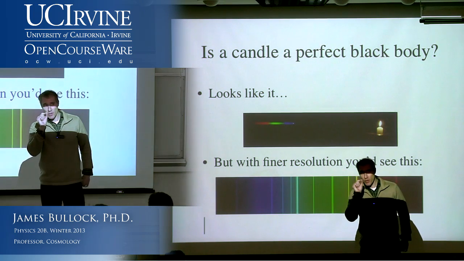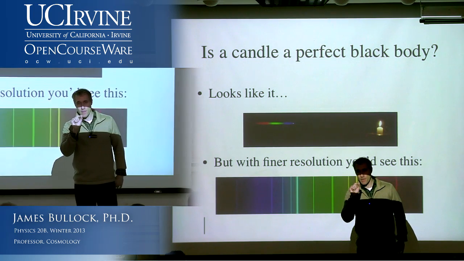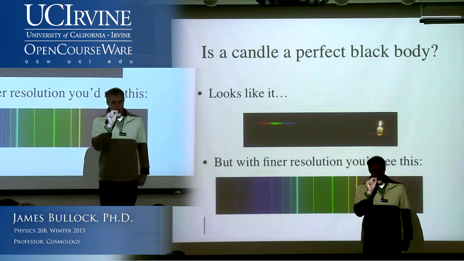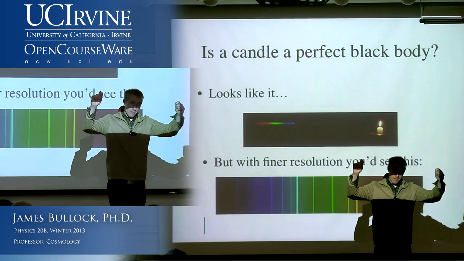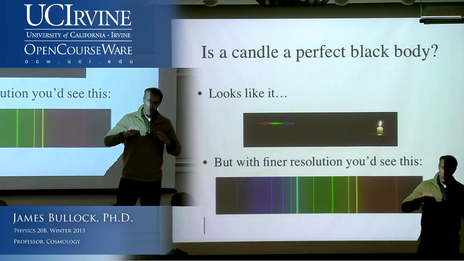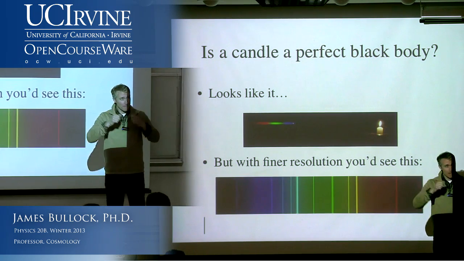But it has something to do with the very structure of atoms themselves. These are the emission signatures when electrons in an atom are in an excited state and they fall down to a less excited state and spit out light.